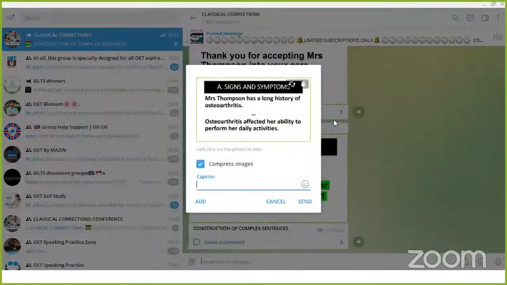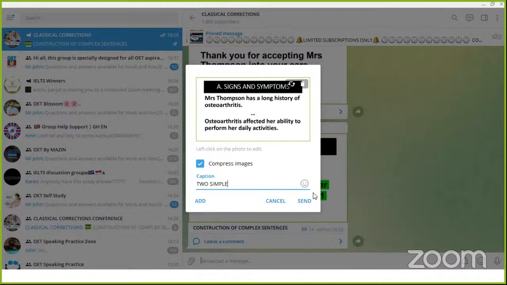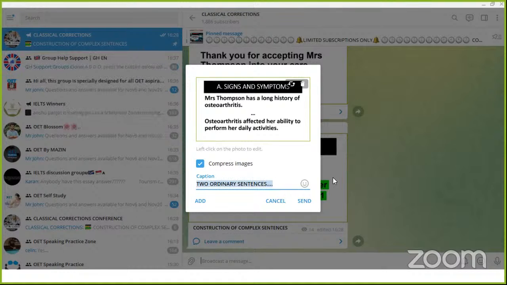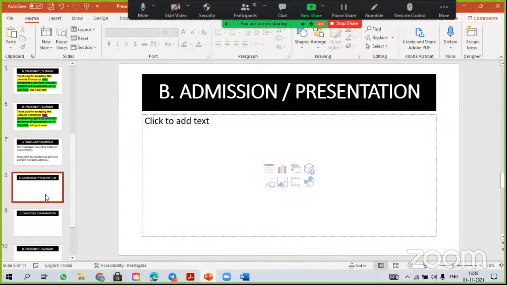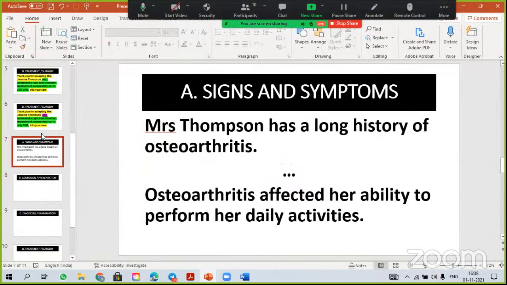Now we are going to join these two sentences. Two ordinary sentences, not simple. So we made two ordinary sentences. Now we are going to join these two ordinary sentences into one complex sentence.